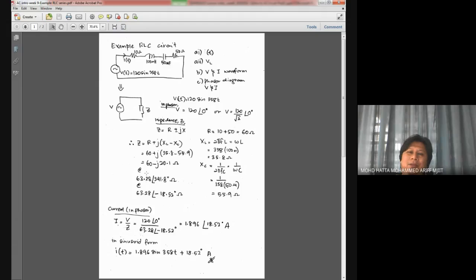That means if you have a circuit, please first simplify the circuit. A lot of students nowadays don't want to simplify the circuit. Maybe this is the simplest simplification.